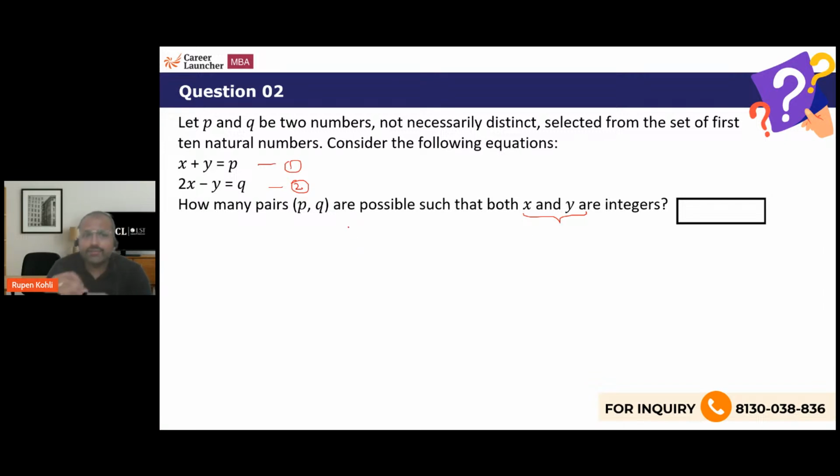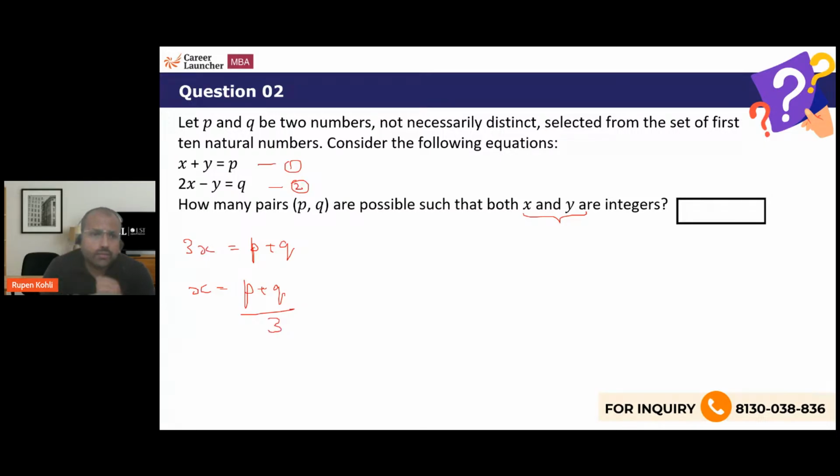So we must solve for x and y in terms of P and Q and then think about what combinations of P and Q can help us reach such combinations. So let's add the two equations because you can see y will get eliminated. So 3x, y cancels, equals P plus Q. So x equals (P plus Q) over 3, right? All right.